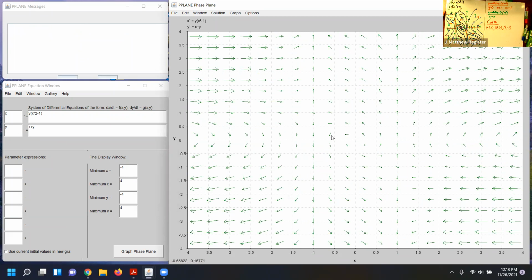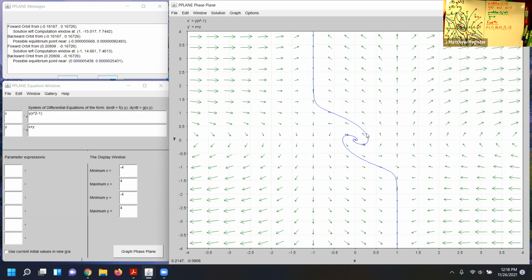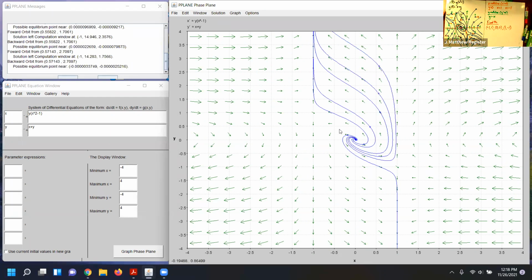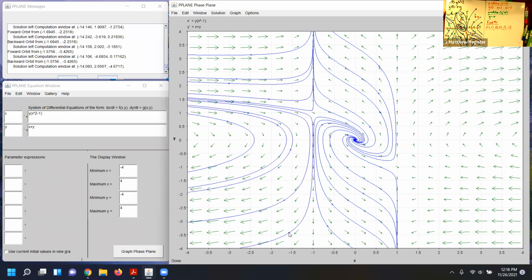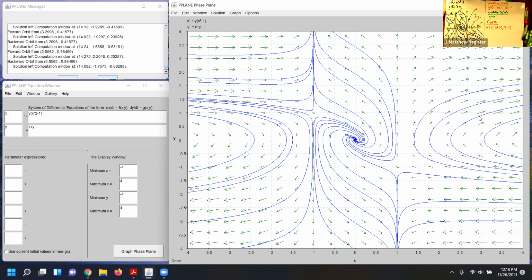And if we choose some starting points, notice how we get this interesting spirally behavior in the center. And then out here, you can kind of see that behavior that I was alluding to. But it's definitely more pronounced here.